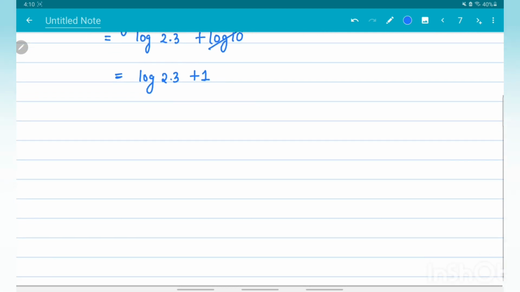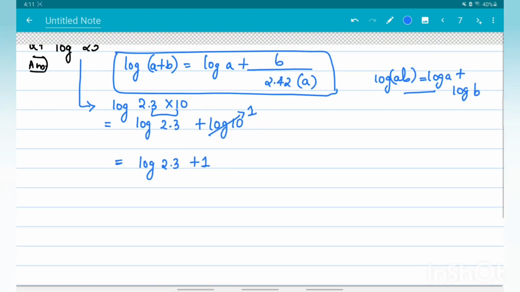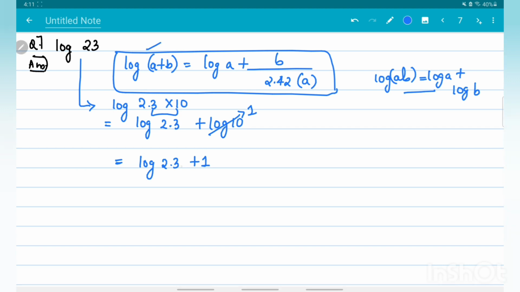So how to find the value of this? Now here we can apply our formula. If you see, this is in the form of log (A plus B). Here, suppose A is 2.3 and B is 1.